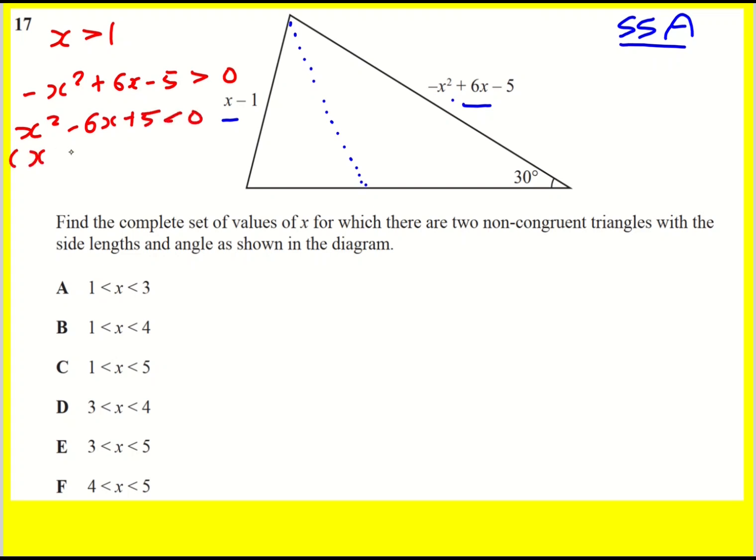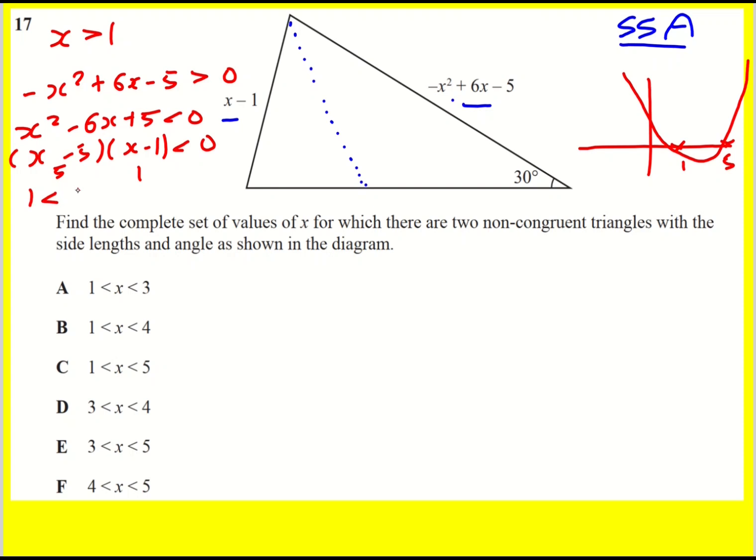Let's factorize: x minus 5, x minus 1 less than 0. So we get 5 and 1 as our roots. Let's put them on a graph, 1 and 5. Okay, we're getting somewhere. We can see that x has to be between 1 and 5.